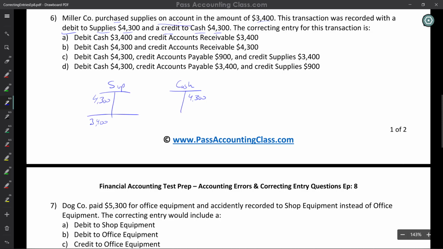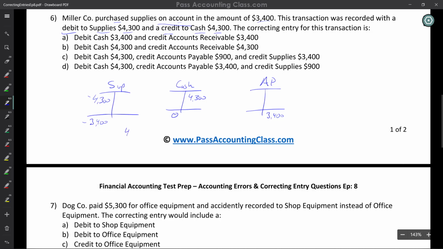Since it's on account, that means that we used accounts payable. So I've got my accounts payable here. And the ending balance of accounts payable should be this $3,400. This transaction, we shouldn't have recorded anything with cash. And as a result, then cash should be listed as 0. So now what we need to do is figure out how to get from $4,300 as a debit to $3,400.